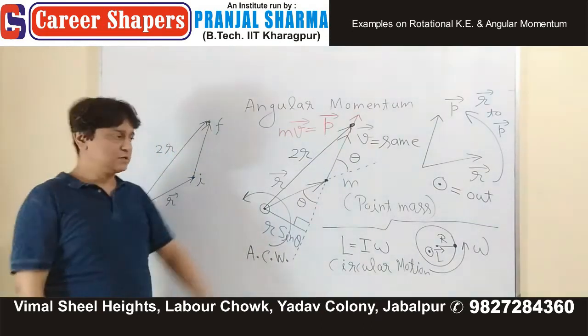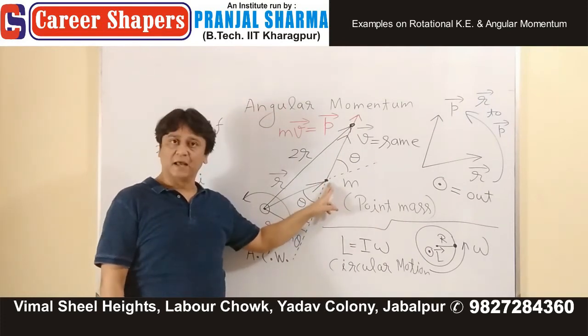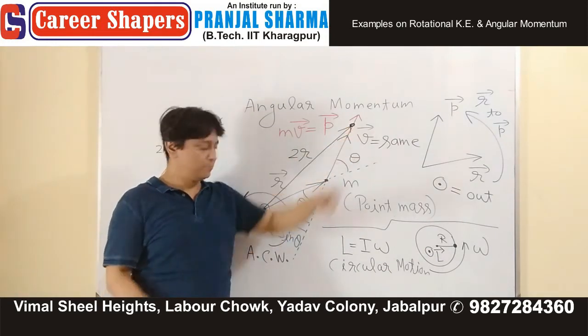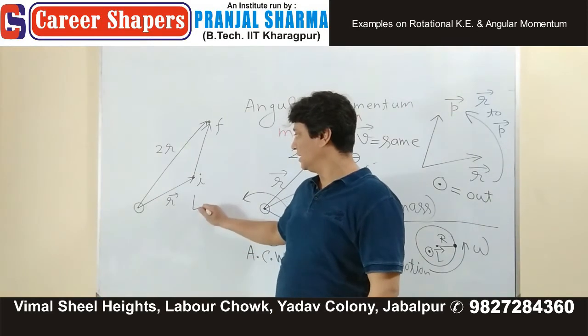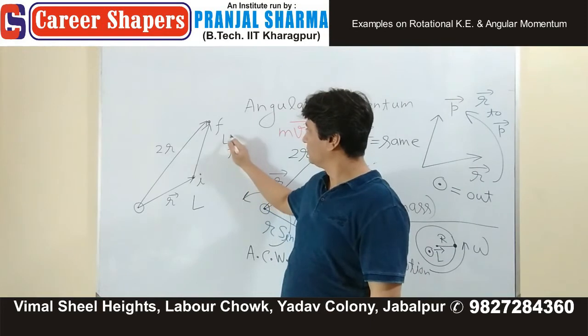So the question is, if angular momentum right here is L, then how much is the angular momentum at the final position? If angular momentum initially is L, then what is angular momentum finally?